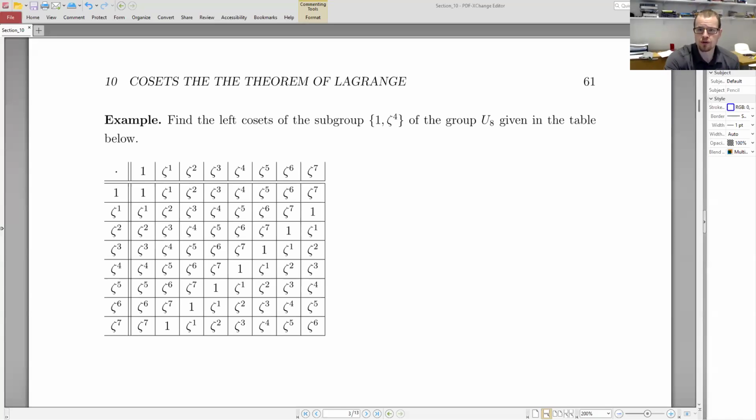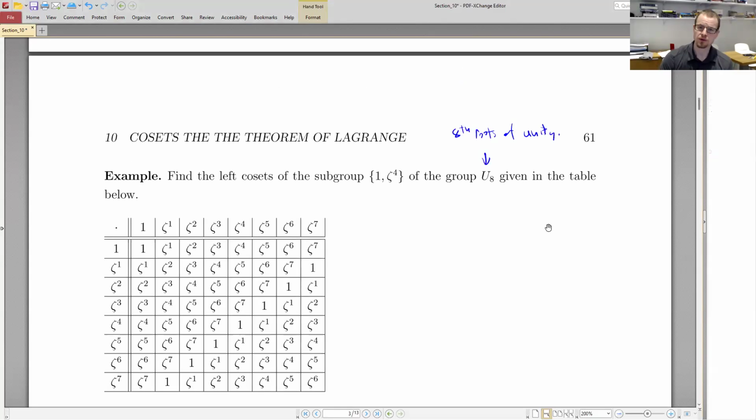We want to work within the group of the eighth roots of unity. This is a cyclic group generated by one of the roots of unity.